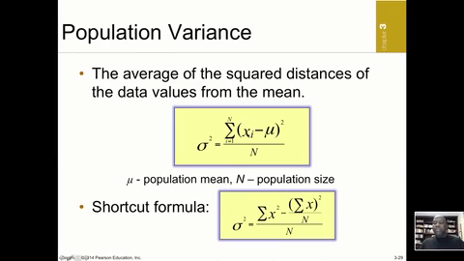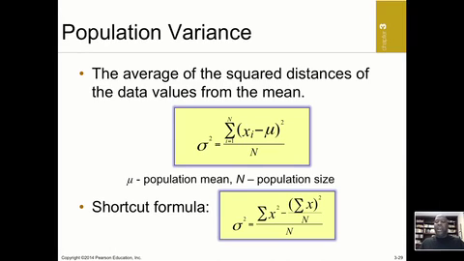So if we took each value in the distribution, found its distance from the average, the population mean, and then squared them. The reason why we're squaring is because we're not interested in whether or not the number was smaller than the mean or larger than the mean. We just simply want to know how far it is from the mean. So we square those numbers, and so we'll get the sum of the squared distances from the mean.